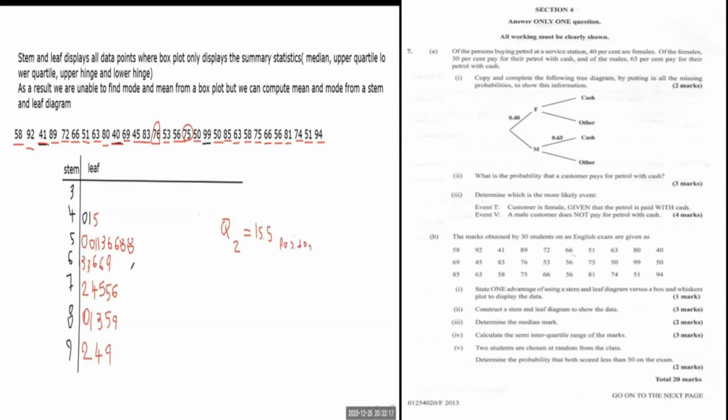Let's go there. 1, 2, 3, 4, 5, 6, 7, 8, 9, 10, 11, 12, 13, 14, 15. So the median is in between here. So the median Q2 is equal to 66. That's the median.